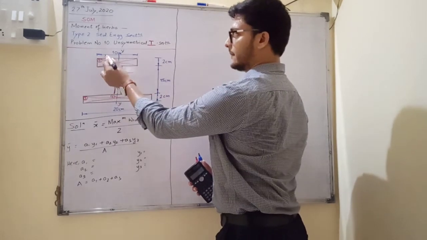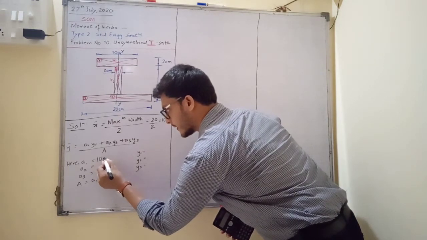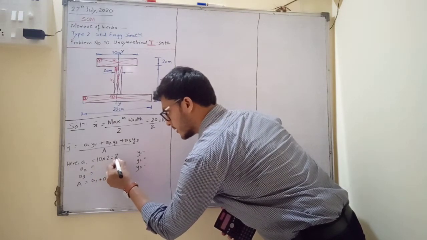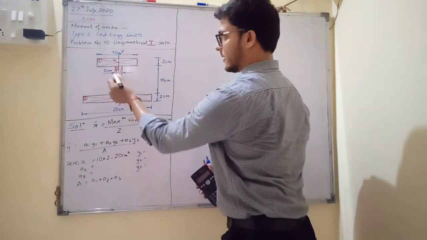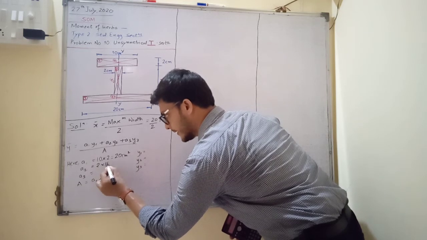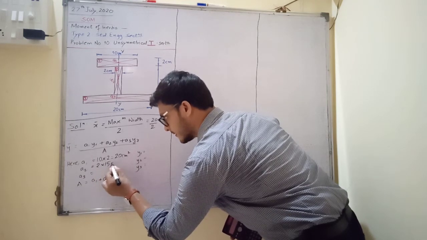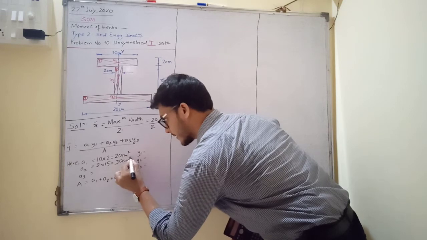A1 will be B into D, 10 into 2, that is 20 centimeter square. A2, second rectangle, 2 into 15, B into D, area of rectangle, 30 centimeter square.